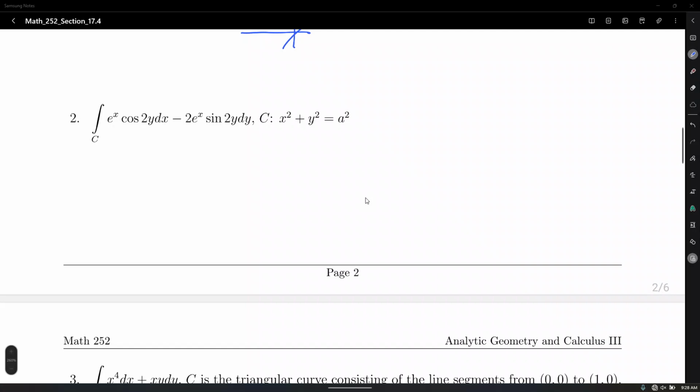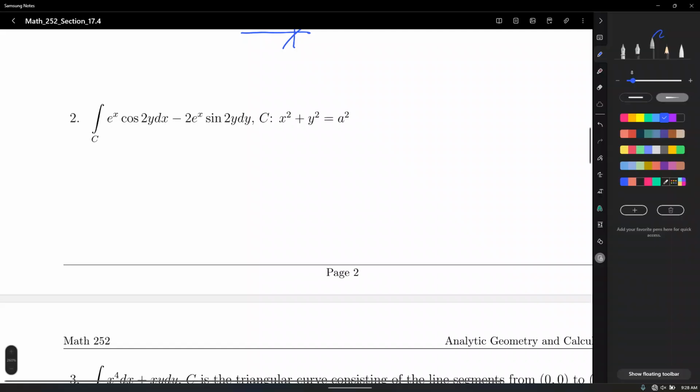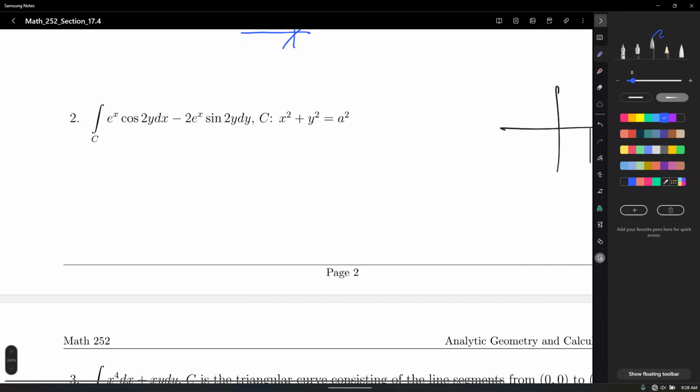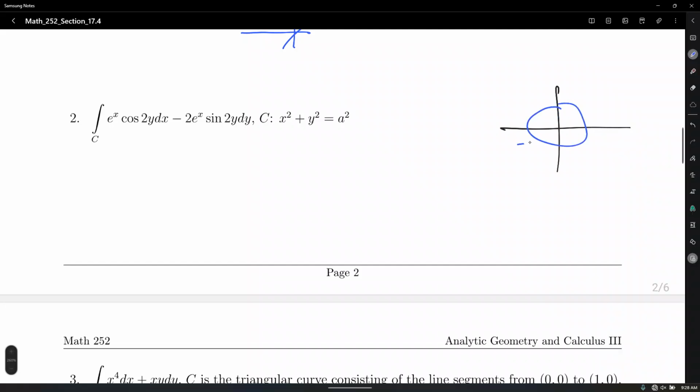Radius a. It has a radius a. Whatever the radius is, 1, 5, 17, doesn't matter, all right? Okay, so let's plot that circle. Negative a, a, and a, all right?